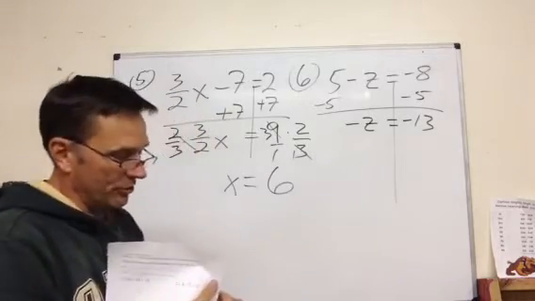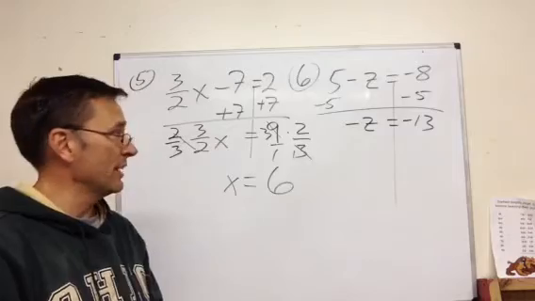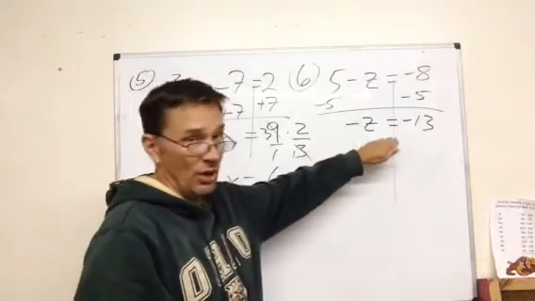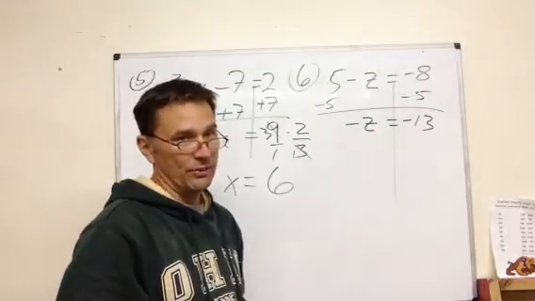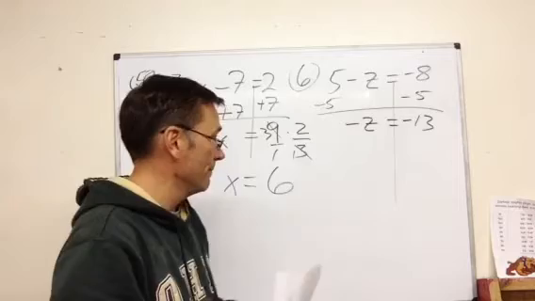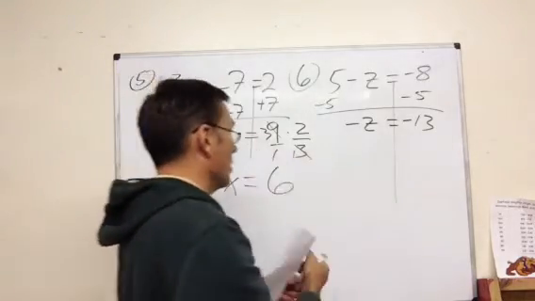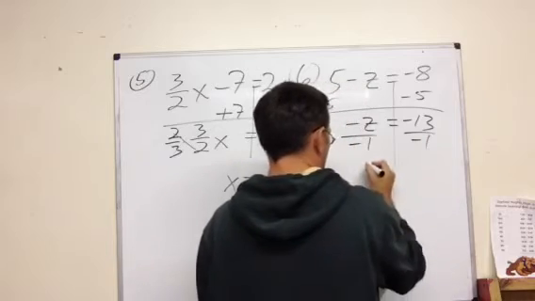I guarantee you'll see this kind of problem on your test. Make sure you understand it. So right now, this is not solved. This is negative z equals negative 13. It doesn't say z. Remember, we want to make this a positive 1. So just like before, we divide each side by negative 1.